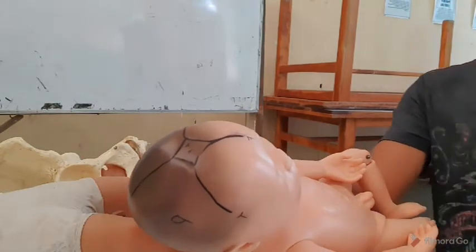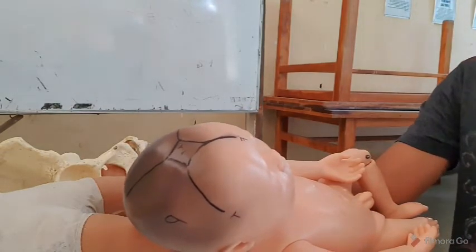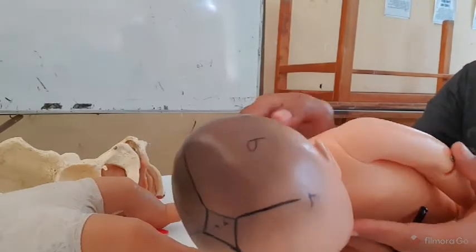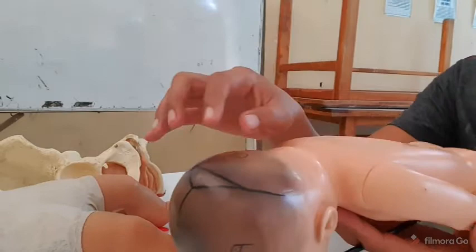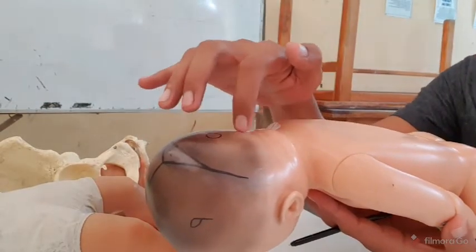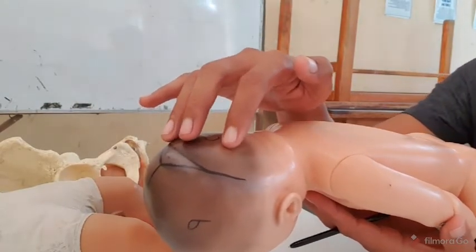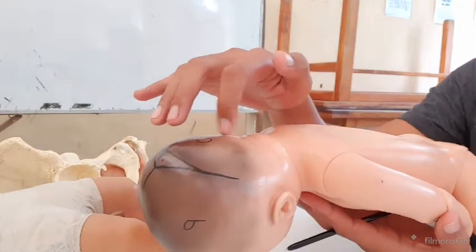The suboccipitobregmatic is the diameter below the occipital protuberance. The occipital protuberance is the elevated area of the occipital bone, and the diameter runs to the center of the bregma.